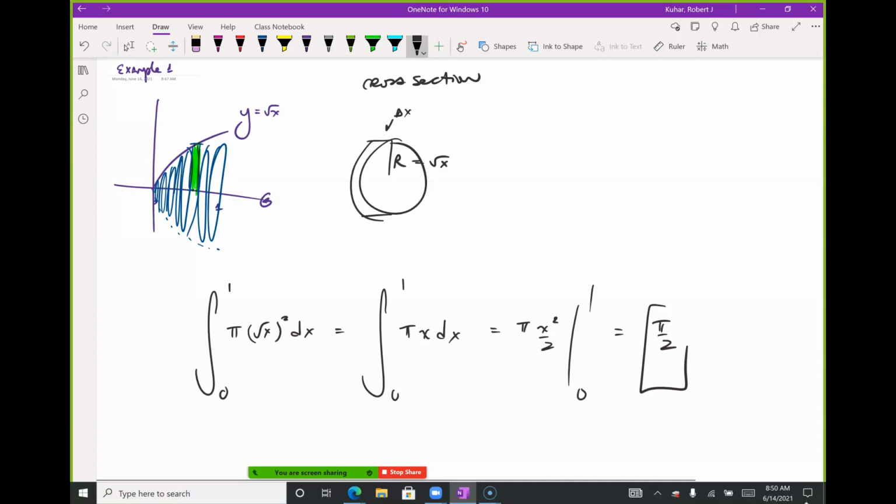Professor, is something like this going to be on the midterm? Not this easy. Oh no, not this problem, but like disk or washer, yes. You'll have area between curves, disk method and/or washer method, shell method, arc length, and improper integral. Can you give us an example of a hard problem?